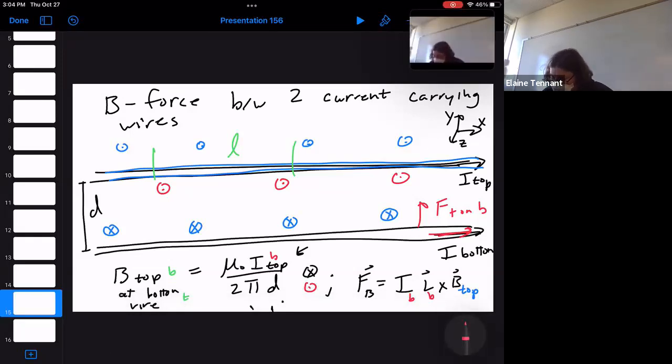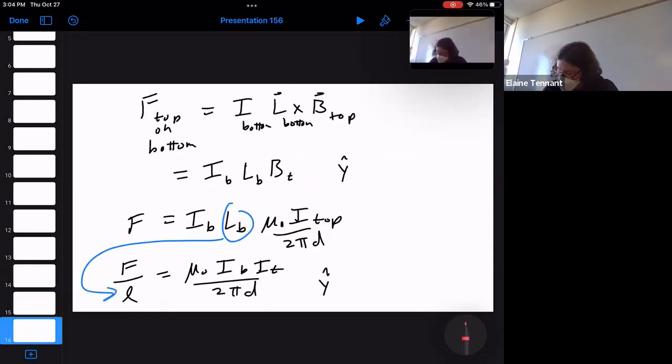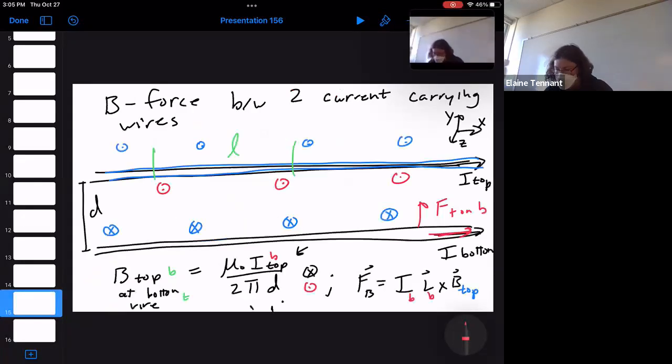Yeah. So let's look at that next. If we wanted the bottom on top here, this would be top, this would be top, and this would be bottom. Good. Okay. And in that case, in this cross product, you'd have L in the same direction, but now the magnetic field's coming out of the board.